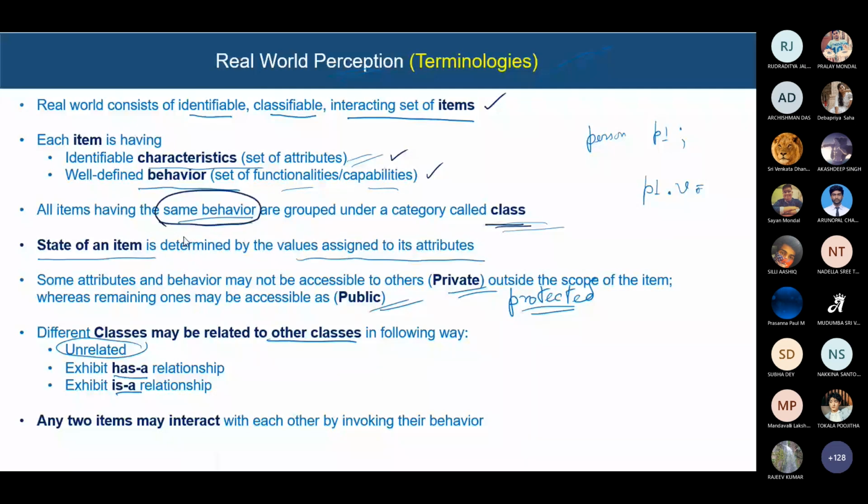That's important. The state of an item is determined by the values assigned to its attributes, because all vehicles will have some color and all this. Say some i20 white color, i20 red color. These are two different items. So how do we distinguish between two entities? By assigning a value. So what does state mean? Today it's my white color car, and after 6 months I make it black.